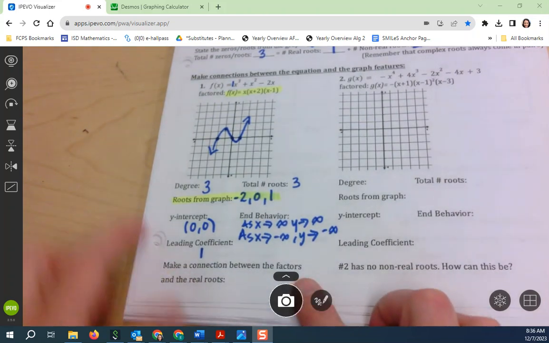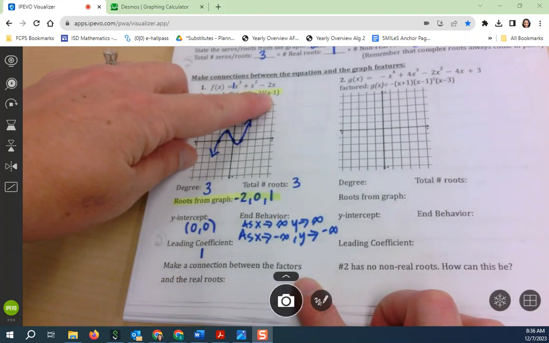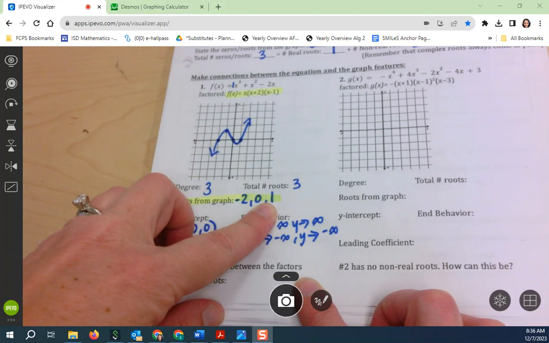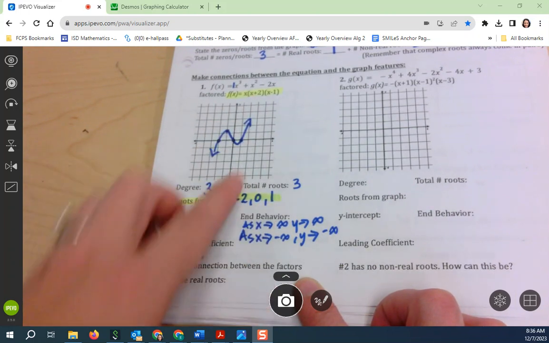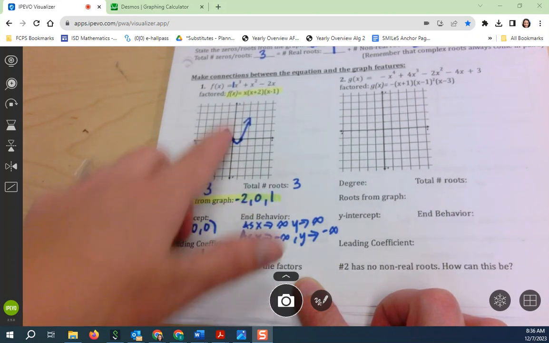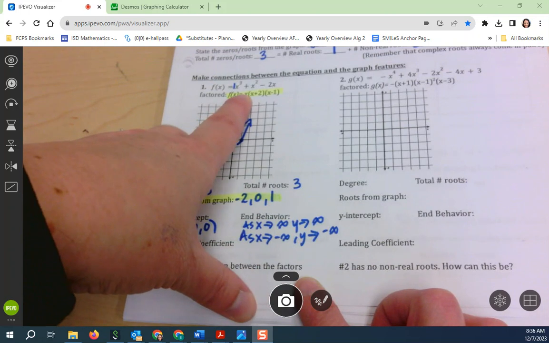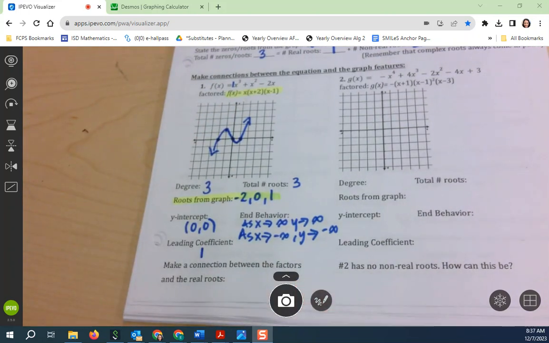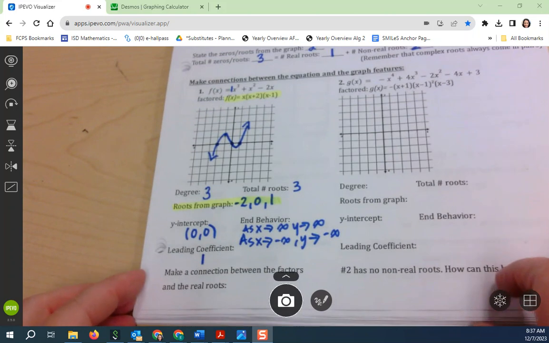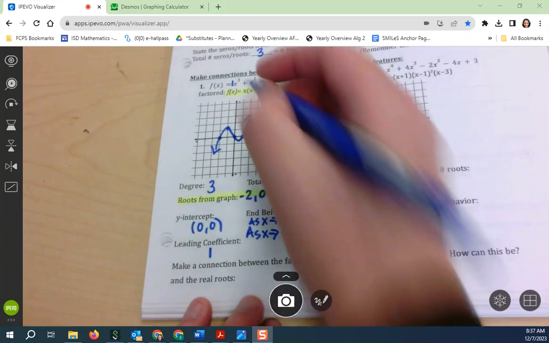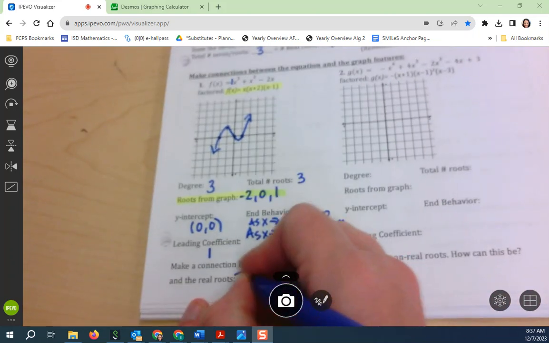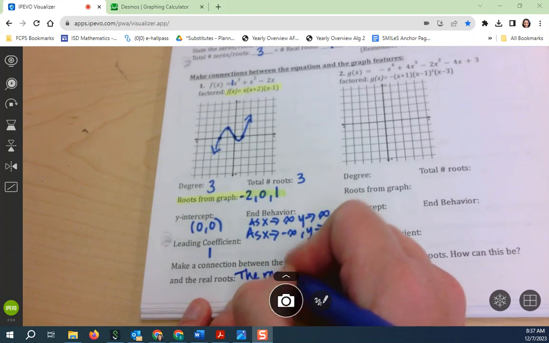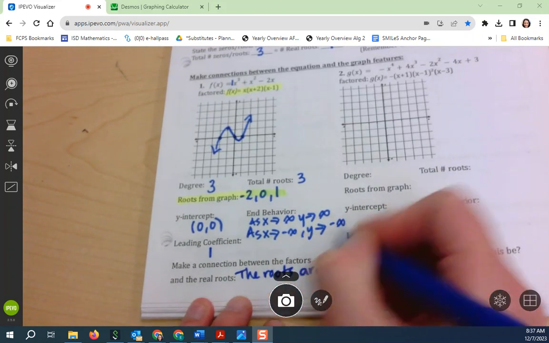So that's what's happening here. x minus 1 gives you a 0 of 1. x plus 2 gives you a 0 of negative 2. And this factor is just x, and x equals 0 gives you just 0. Okay? So you could say it the way PJ said, which was that they were opposites in this case. Or a more general way of saying it is that the roots are zeros of the factors.